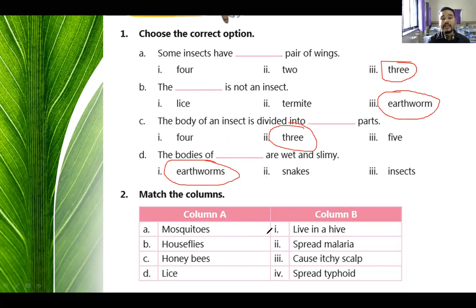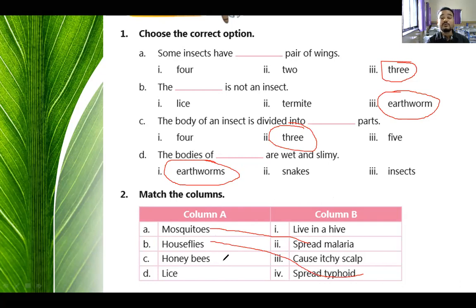Now match the following. Column A has insects given, and column B has what happens because of them. Mosquito: what will happen if we have the bite of a mosquito? We will have malaria. House flies can spread typhoid.